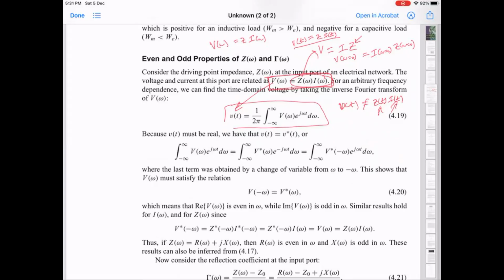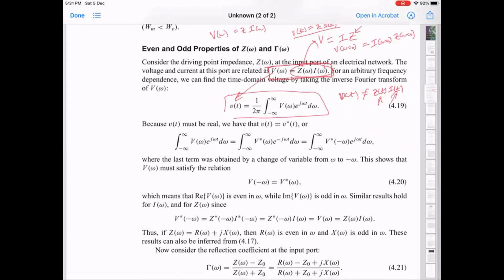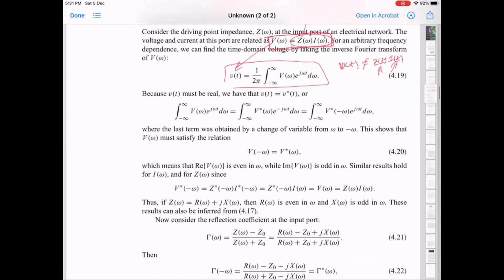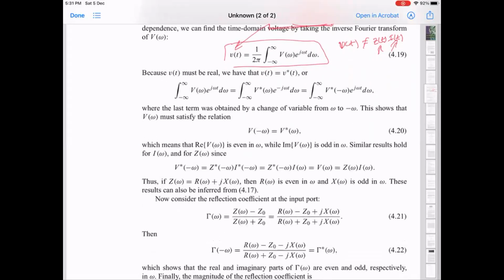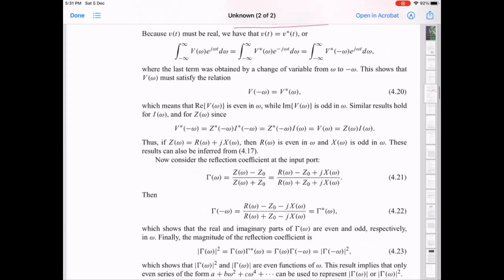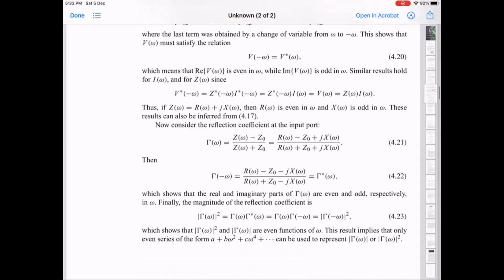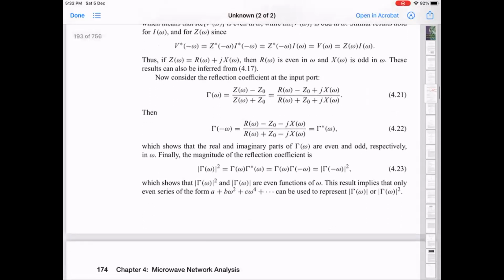So that requires that your voltage Fourier transform has this kind of property, and the current has to have something similar. That puts a constraint that your Z has to have a particular frequency symmetry between positive and negative frequencies, and similarly for the reflection coefficient.